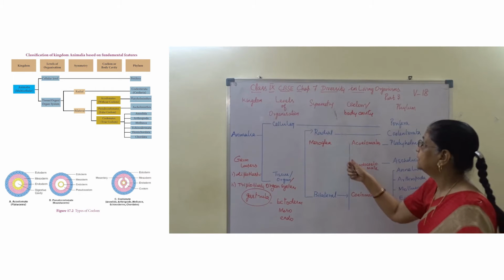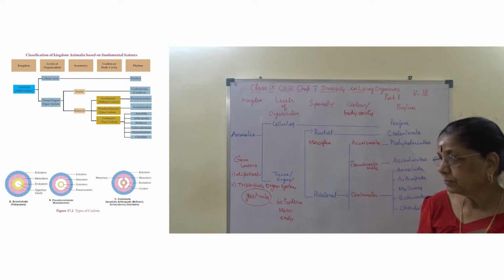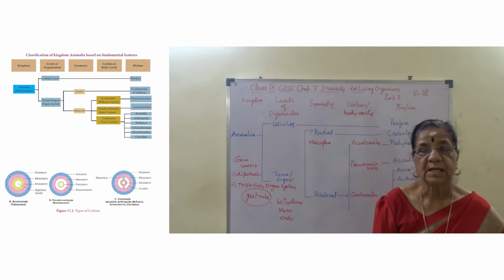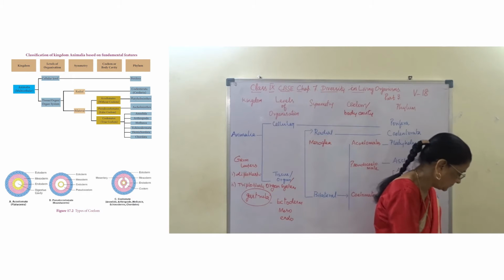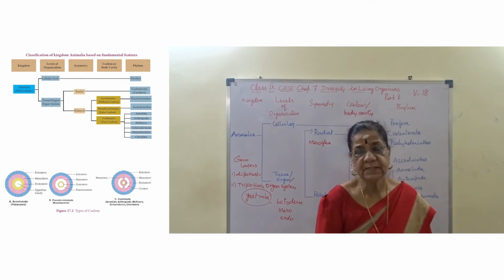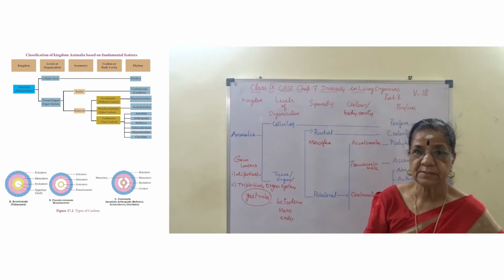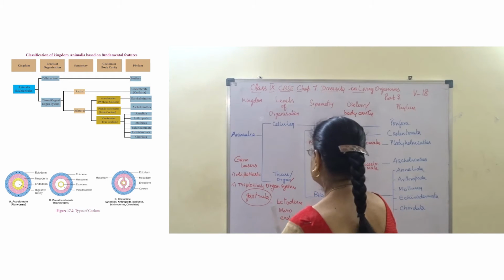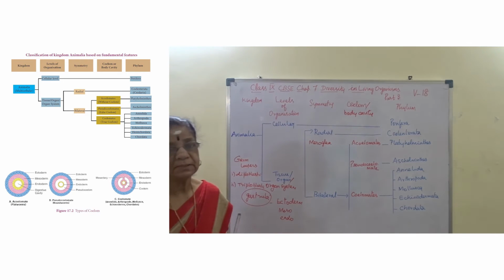And the next one is symmetry. Symmetry is the arrangement of body parts in an animal. There are types of symmetry: one is asymmetry, another is symmetrical animals.